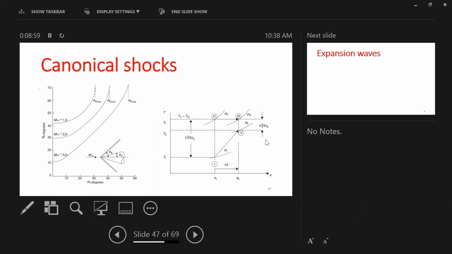Does this make sense? I'm pretty sure you have seen the shuttle reentries, the pictures of the shuttle, and you have seen this type of shock waves. That's because the shuttle has a very huge cone angle, and that's why you see this type of angle.